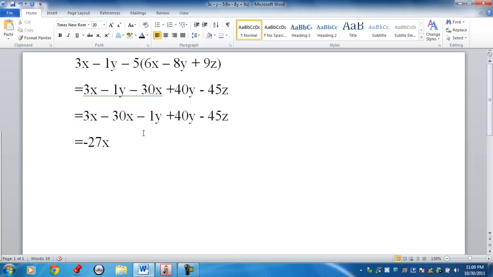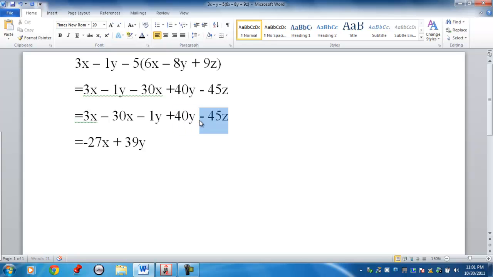Take 40 minus 1. That's going to give you positive 39. Because again, the 40 is bigger than the minus 1, so we'll have a positive 39.